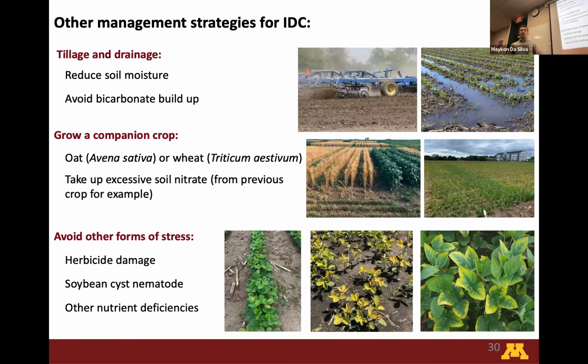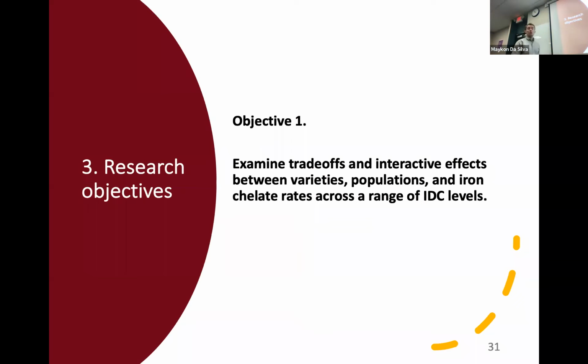And there are also other management strategies for IDC that have been reported to prevent or reduce losses in soybeans that we won't get into too much detail because we don't have enough time, but they include tillage and drainage, growing a companion crop, and avoiding other forms of stress. So then we have our first research objective, which is to examine the trade-offs and interactive effects between varieties, populations, and iron chelate rates across a range of IDC levels.